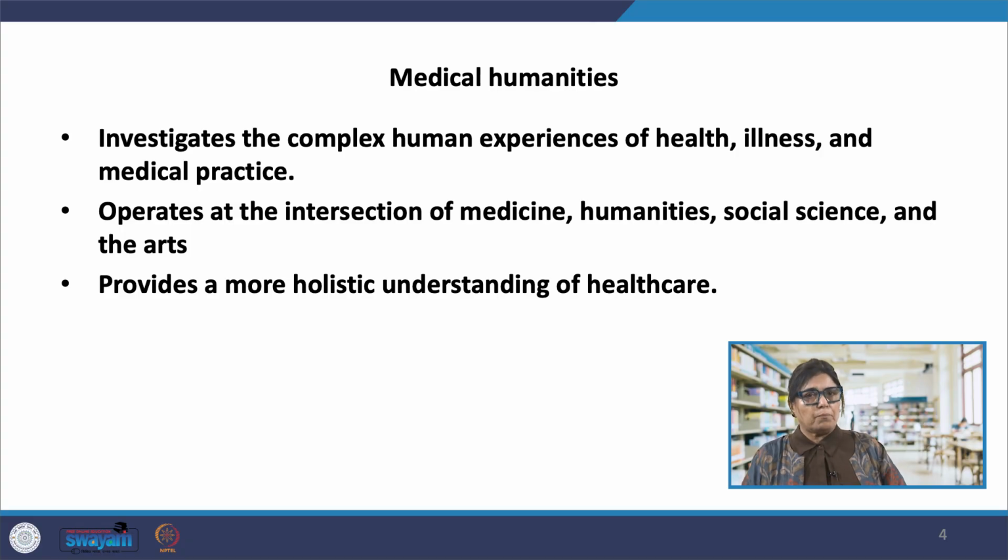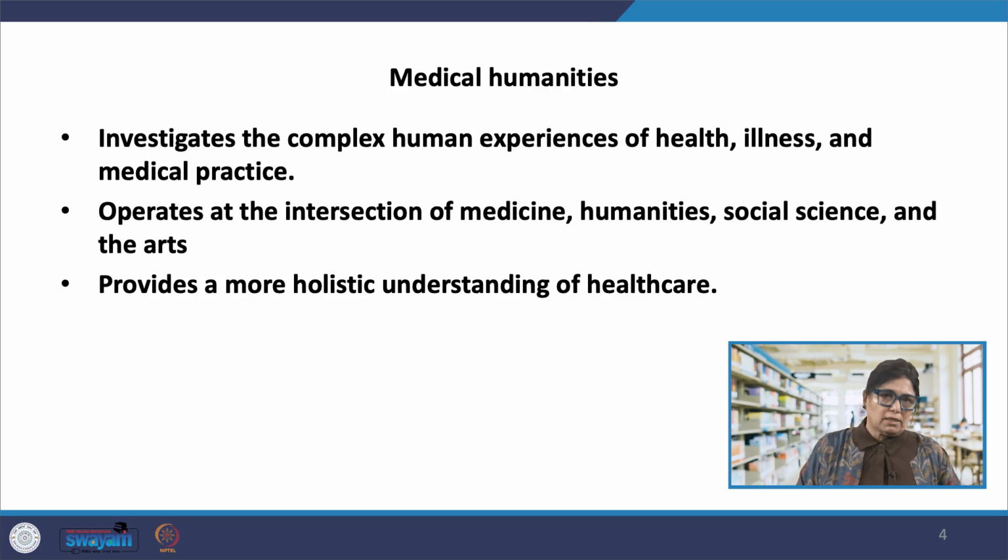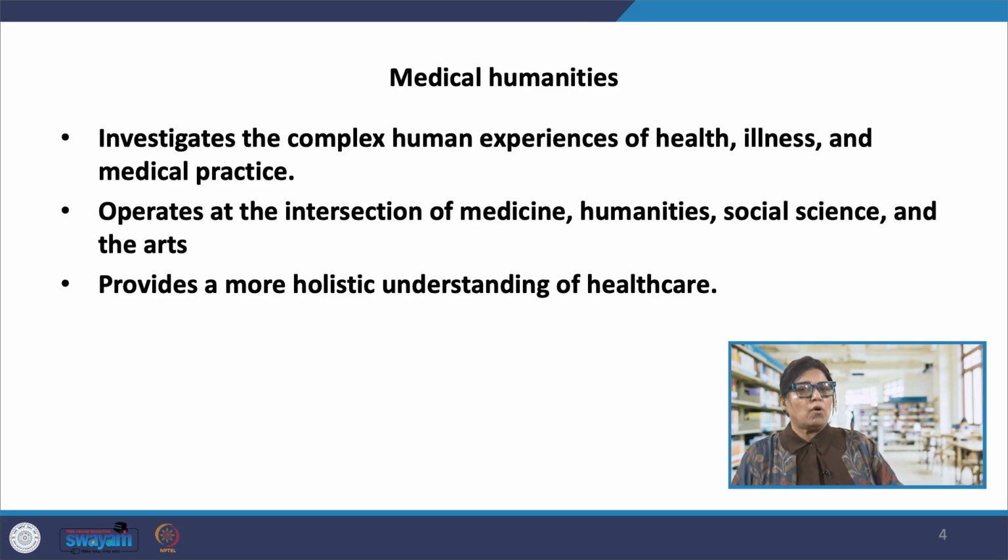So let us start with medical humanities, because there is a trajectory for medical humanities and health humanities. Medical humanities is a well-established interdisciplinary research field that investigates the complex human experiences of health, illness, and medical practice. It operates at the intersection of medicine, the humanities, the social sciences, and the arts to provide a more holistic understanding of healthcare.